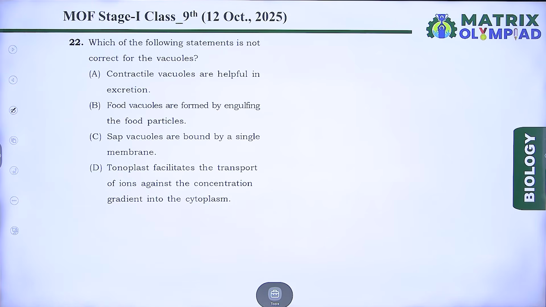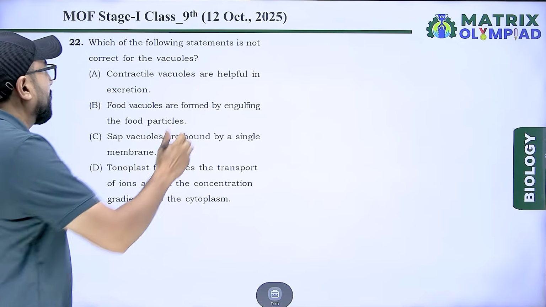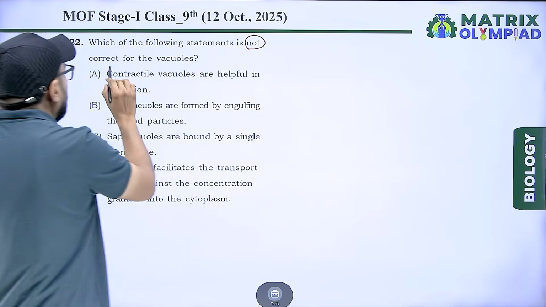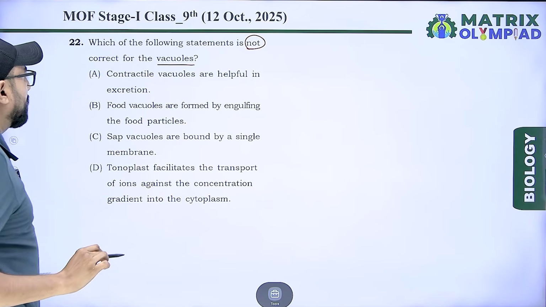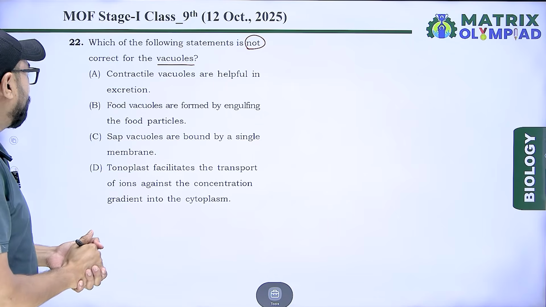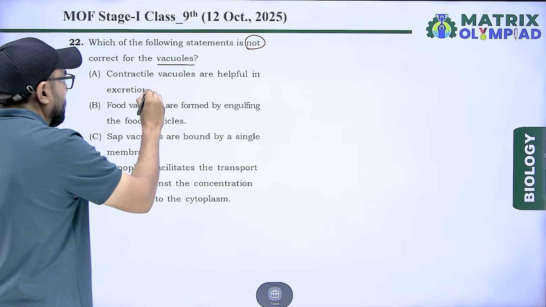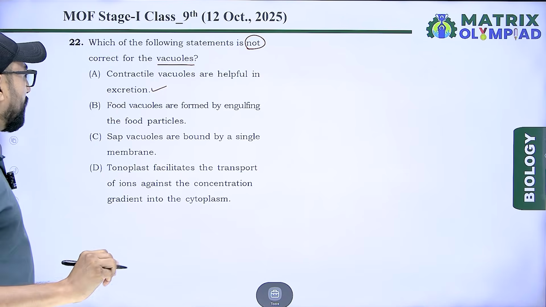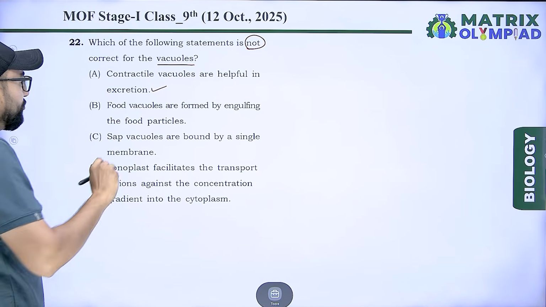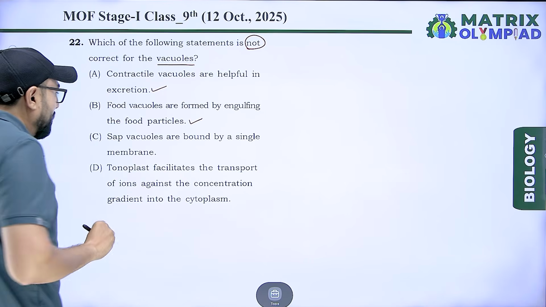Next question: which of the following statements is not correct for vacuole? Contractile vacuoles are helpful in excretion, that is right. Food vacuoles are formed by engulfing food particles, that is right.